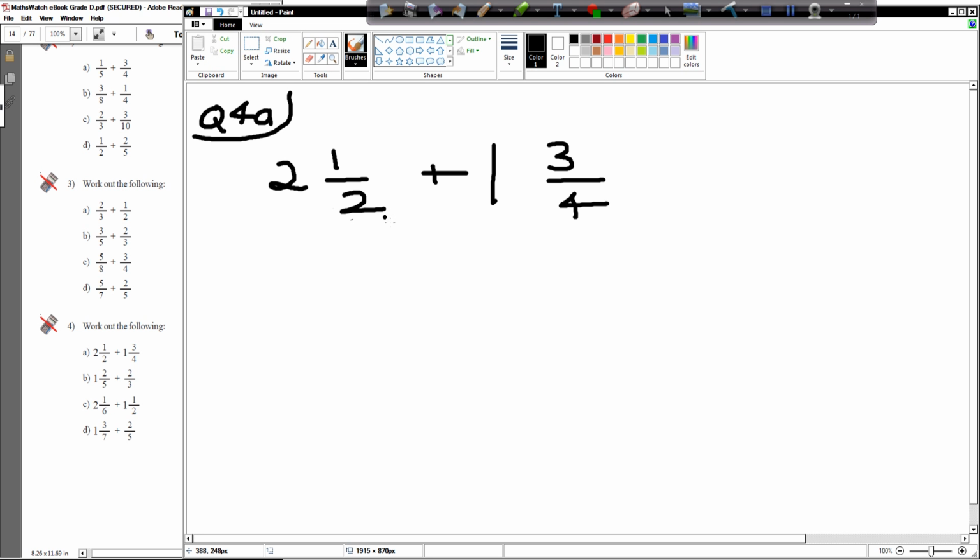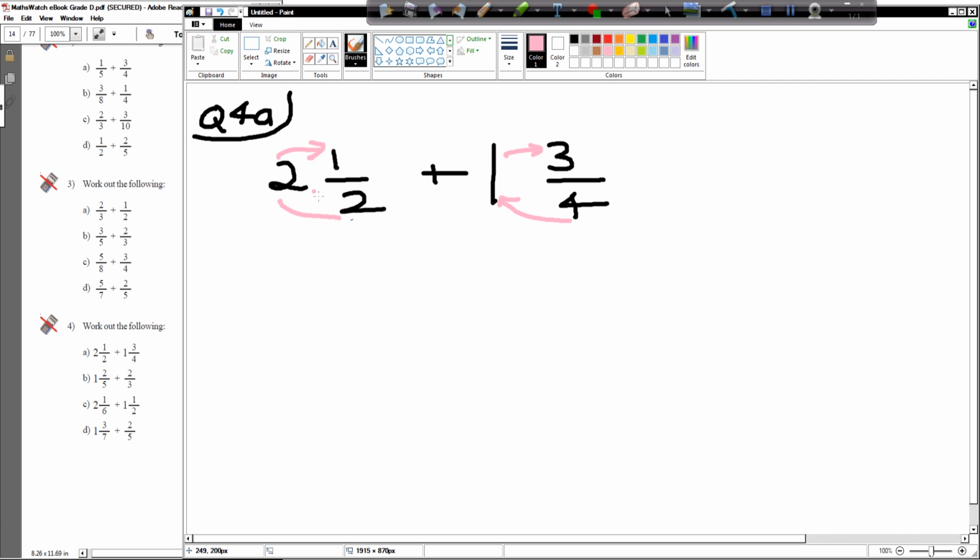You just learn one method: change all the fractions into top heavy and then add and then take away, for example. So we're going to use that technique now. It's not the only technique. I'm not saying it's the best technique, but it's one which I've used and has been successful. Your teacher might come up with some other technique of doing it. This is the technique that I've used in the last 20 plus years.